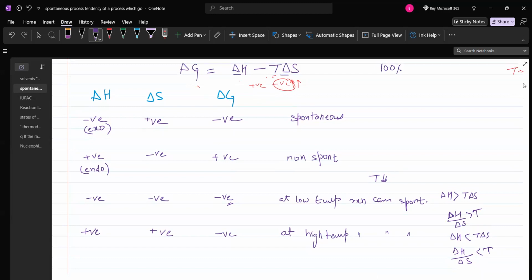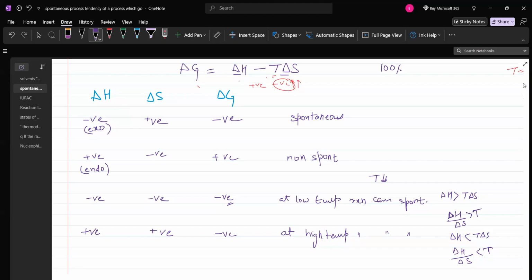So by this, we can conclude that many processes or reactions are highly dependent on temperature. With increasing or decreasing temperature, a process can be spontaneous or non-spontaneous. Like when we decrease temperature too much, water will directly become ice. We don't have to worry about it. And if we increase the temperature, water will not become ice, so it will become non-spontaneous.